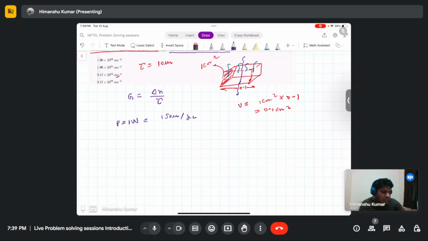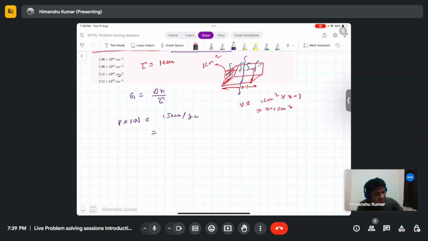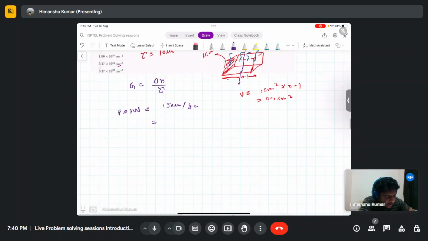So 1 joule we can convert into electron volts by dividing by 1.6 into 10 power minus 19.